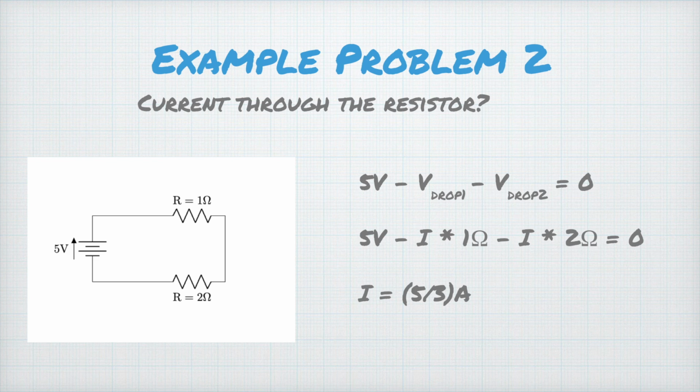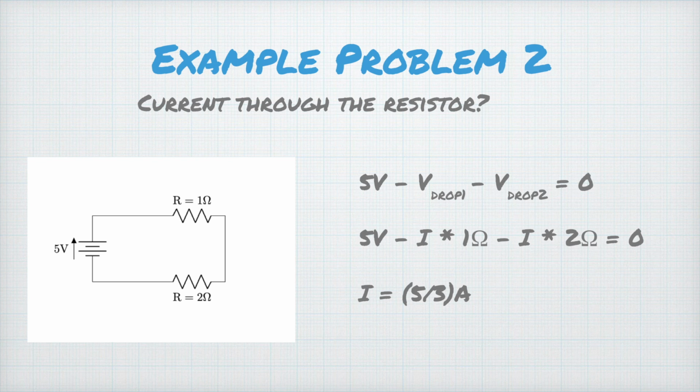Because current is the same everywhere in this loop, we can let current be a variable called I. Then the voltage drop of resistor 1 is the current, which we just called I, times its resistance, which is 1 ohm. Similarly, the voltage drop of resistor 2 is I times 2 ohms. That means that we can subtract 1I and 2I from 5 and set this equal to 0. After some algebra, we find that the current is 5/3 amperes.